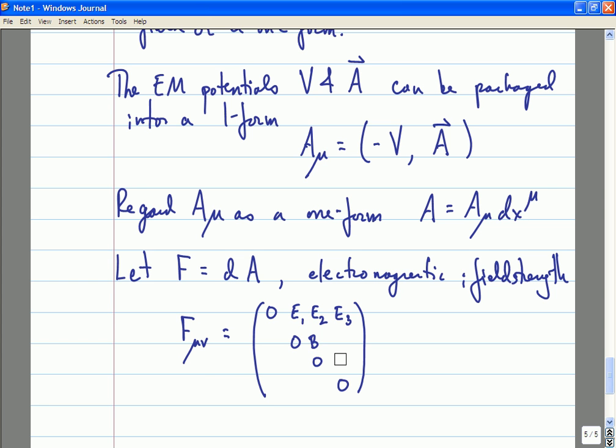So let's see, F12 will be B3, F13 will be B2, and there's actually a conventional minus sign there, and F23 will be B1. And then all of the other elements are determined by the fact that F is antisymmetric.